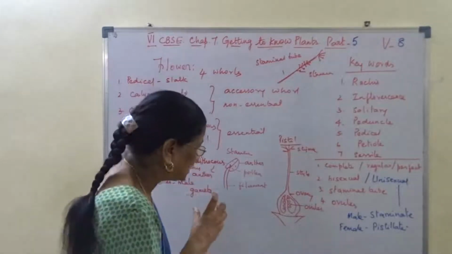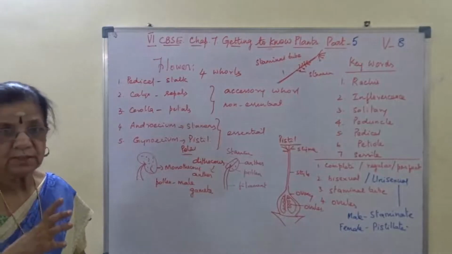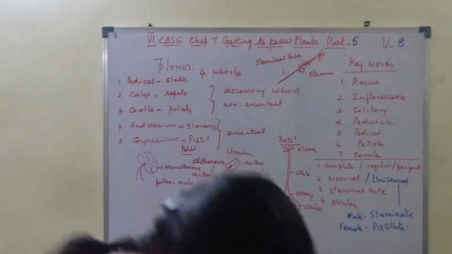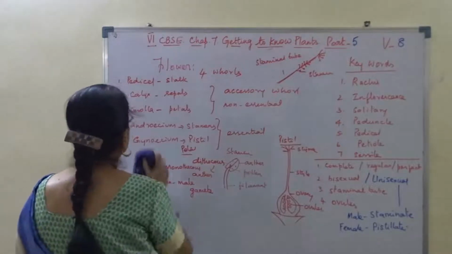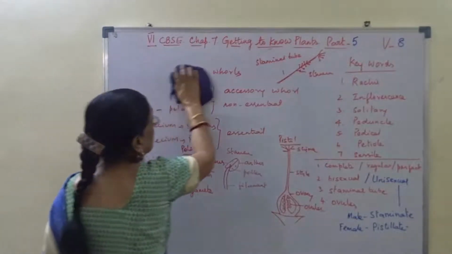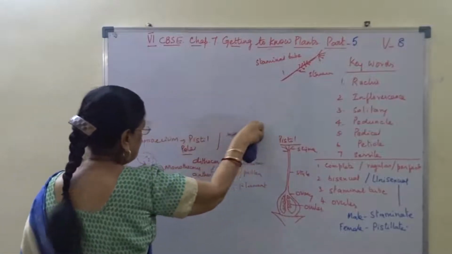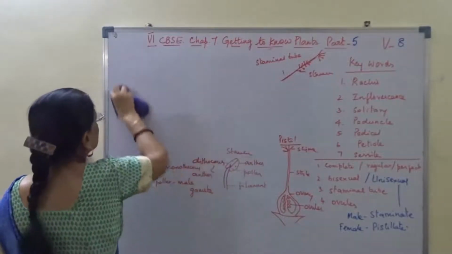Now these ovules are arranged in the ovary, and that is called placentation.